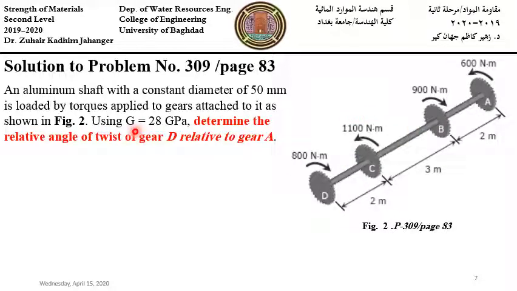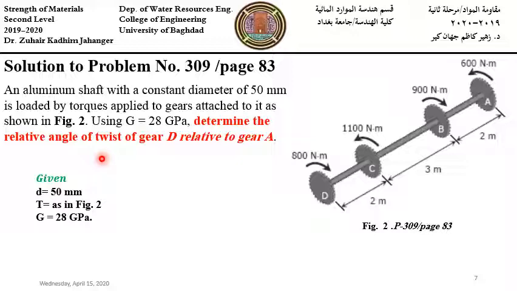Using G equals 28 gigapascal, determine the relative angle of twist of gear D relative to gear A. So from D to A, the change in the angle of twist.